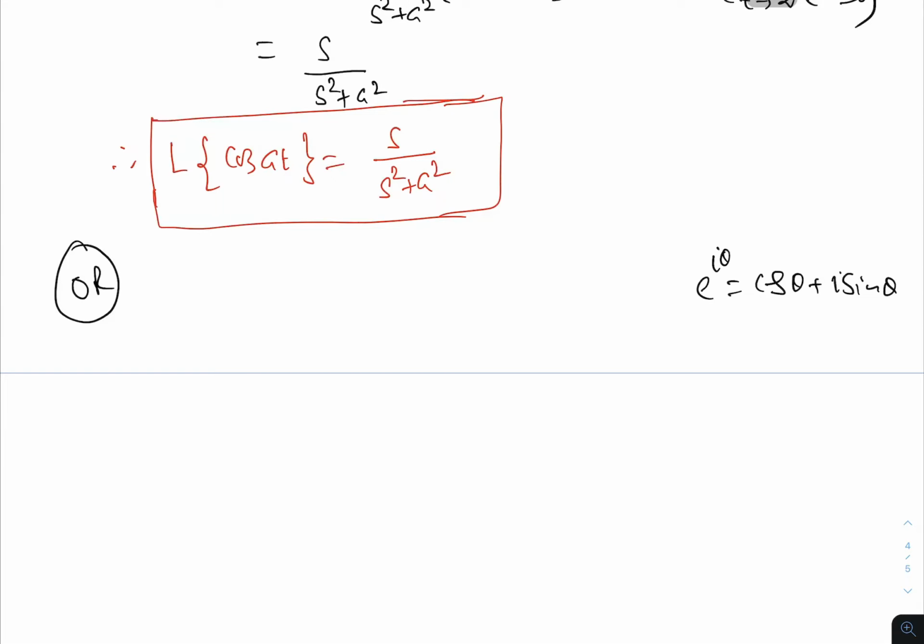Okay, so can we have it like this, that here we shall get both the formulas simultaneously.